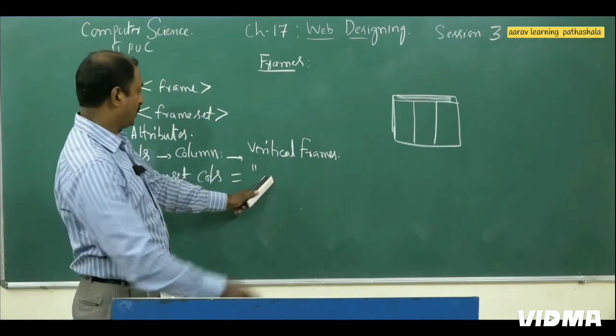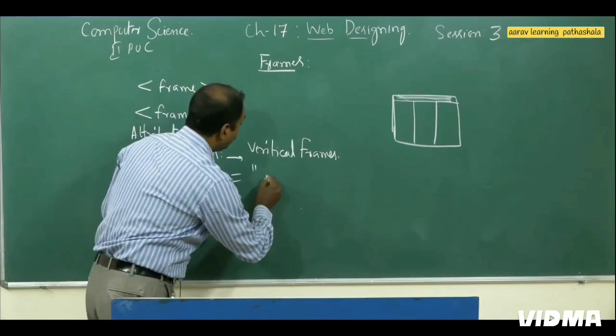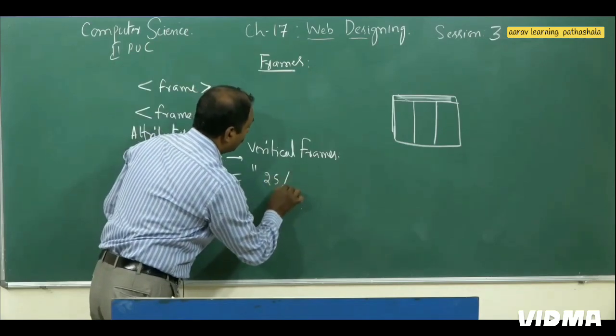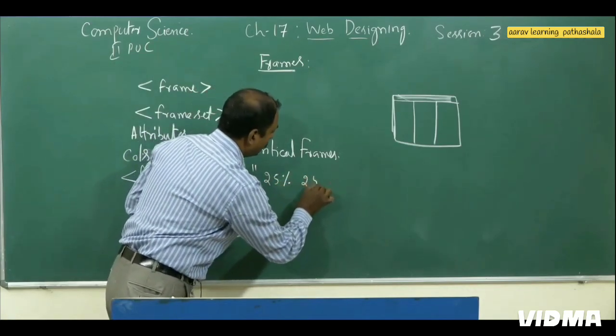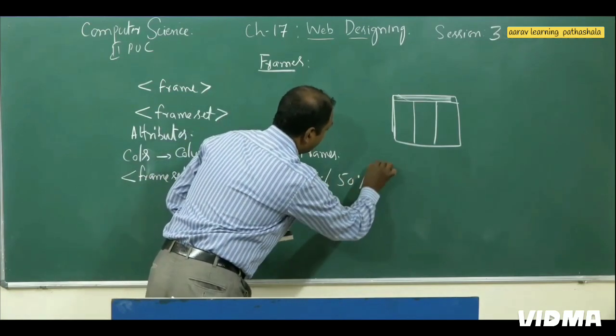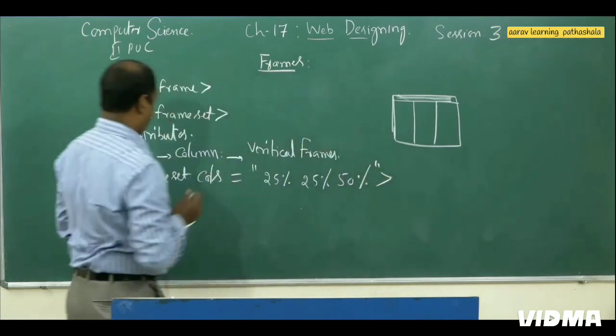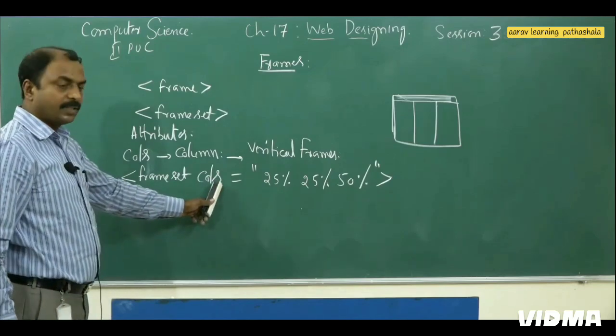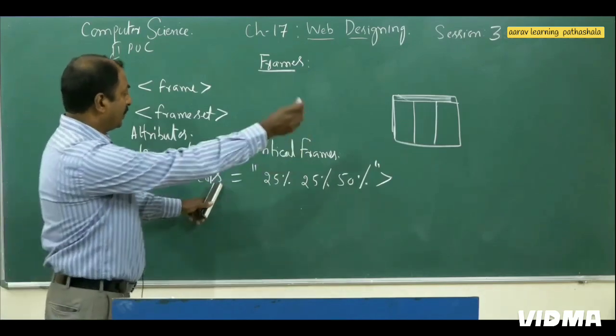We represent them with a percentage. Suppose I say 25%, 25% and 50%, and I close it with the tag.